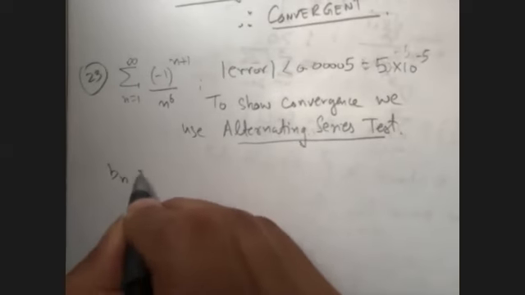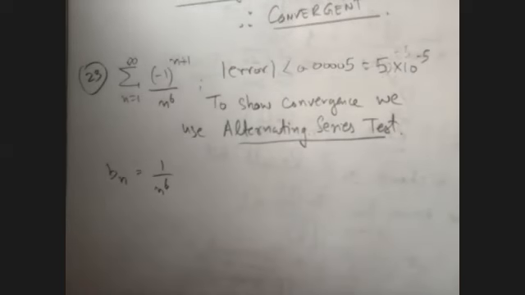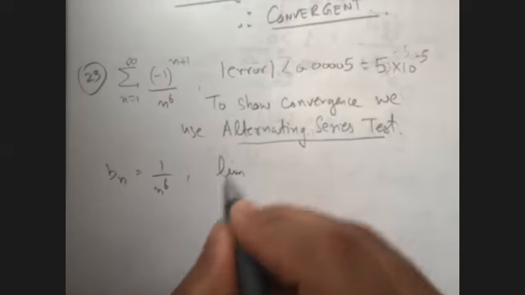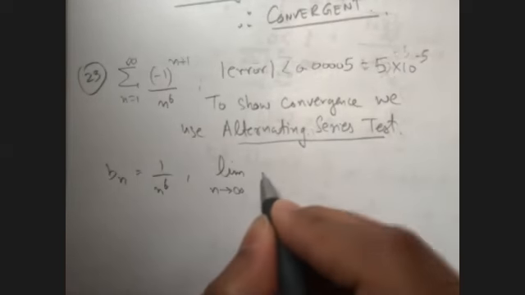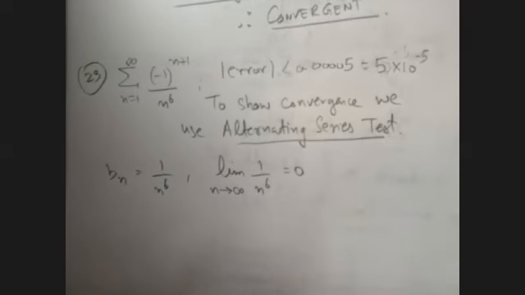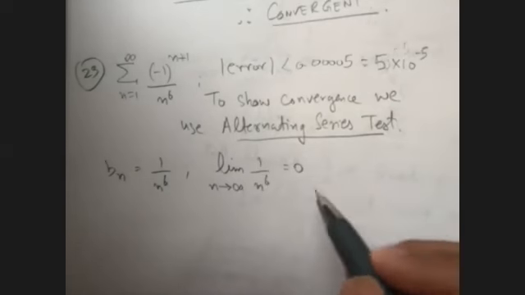So Bn is clearly, the limit is 0. As n goes to infinity, we get 1 over infinity, which is 0.